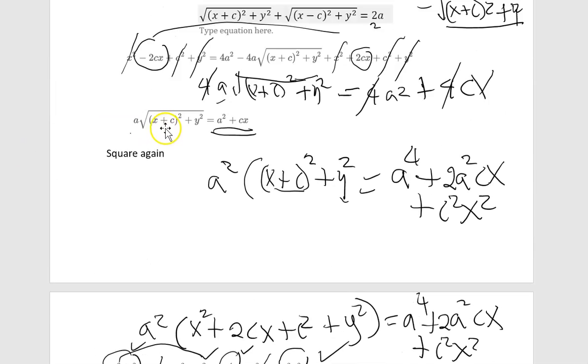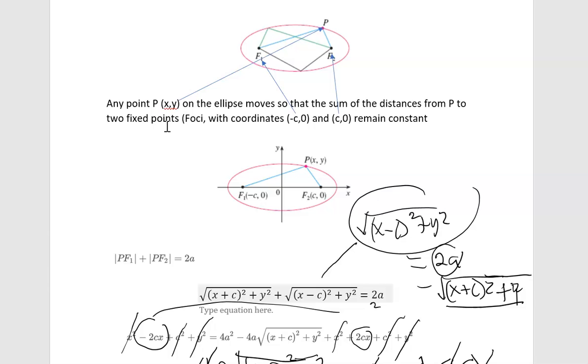Can I do that? Yeah, of course I can do that, because we know from the triangle inequality that if you take 2c, the distance of these two, and 2a, the length of the sides, we know that the diagonal is less than or equal to the sum of the sides.